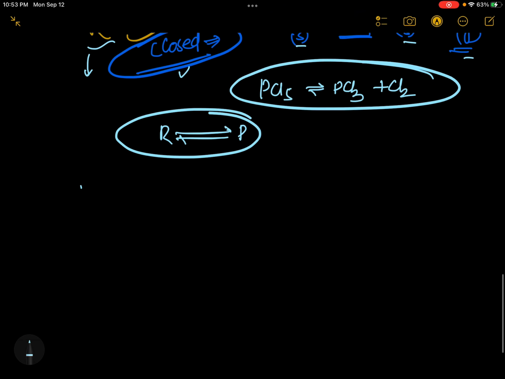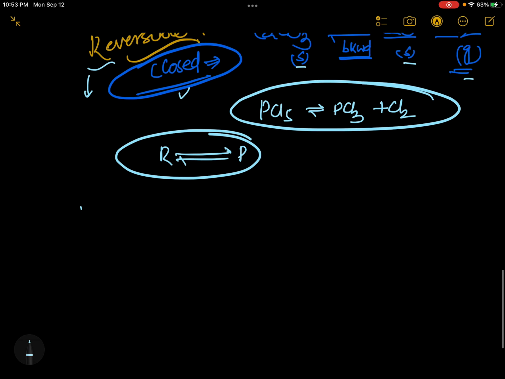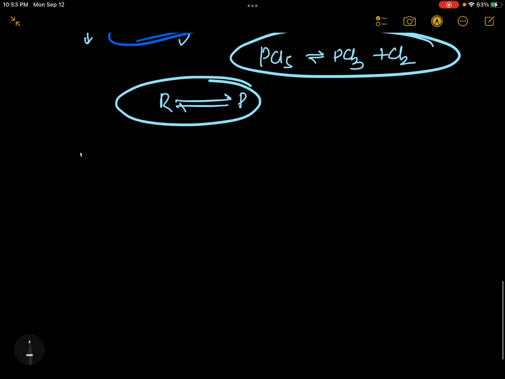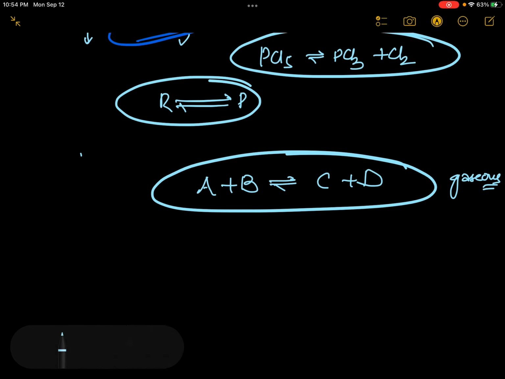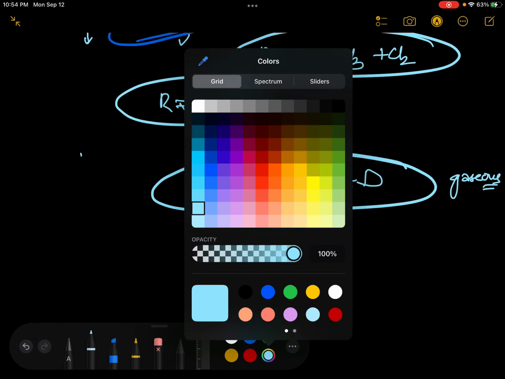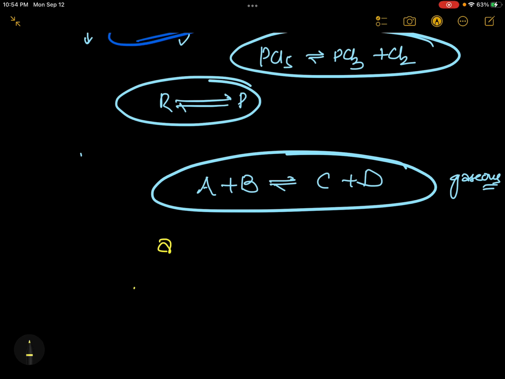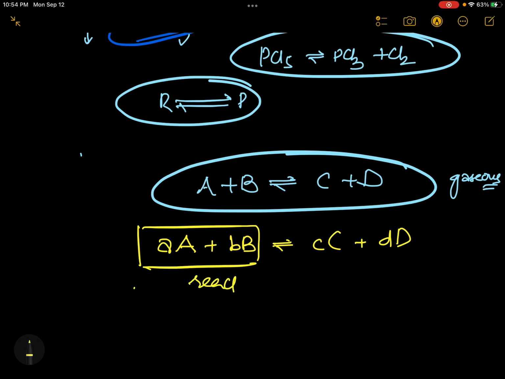Coming to forward and backward, let us say a reaction is taking place like this: aA plus bB gives rise to cC plus dD. It is a chemical reaction taking place in the gaseous phase. So I write a moles of A, b moles of B, c moles of C, and d moles of D. These are reactants and these are products.